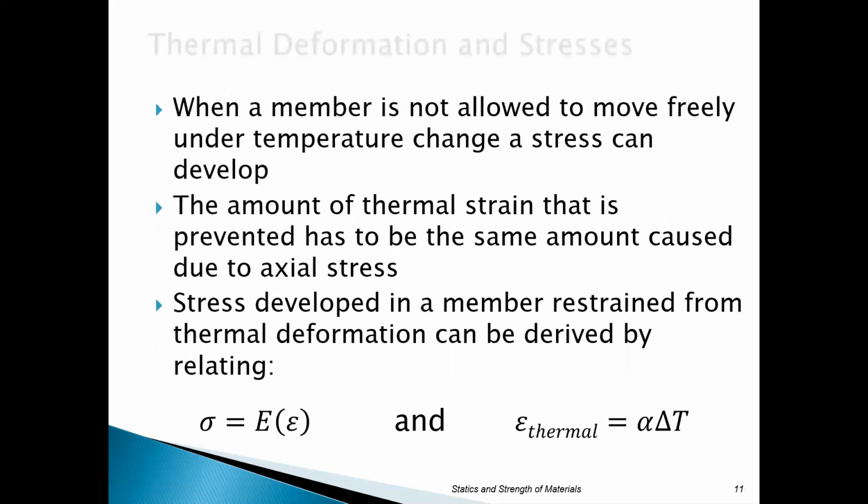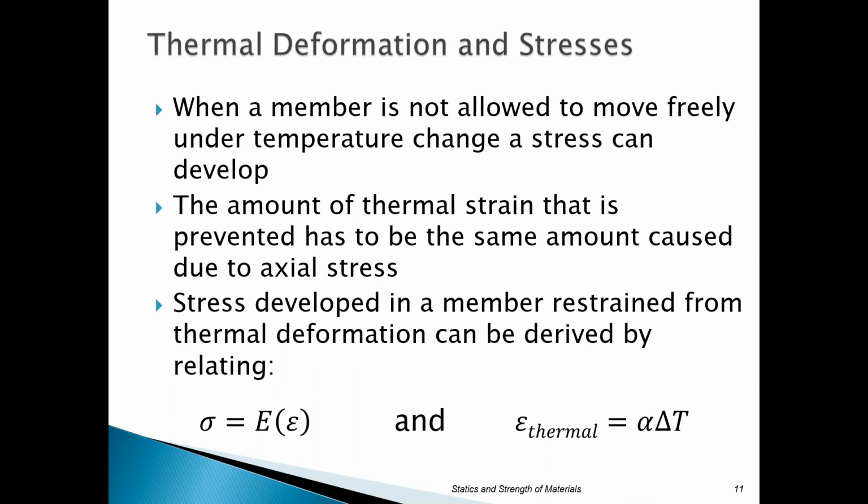All right, so we can look at it differently now. Let's say a member is not allowed to move freely under temperature change. If that's the case, then a stress is going to develop. This thing is going to want to expand or contract, but you're not letting it. For instance, you might have a bar between two immovable or fixed walls.